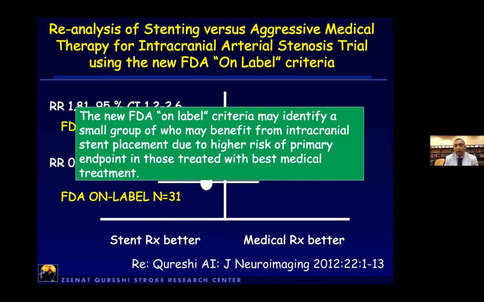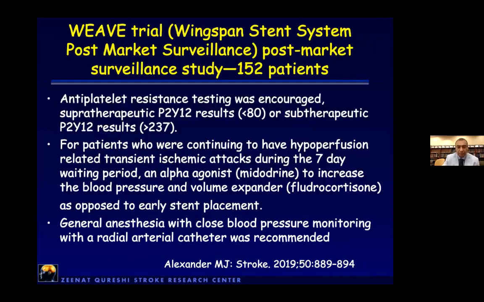The new FDA on-label criteria may identify a subgroup of patients who may benefit from intracranial stent placement, due to a higher risk of primary endpoints in those treated with best medical treatment.